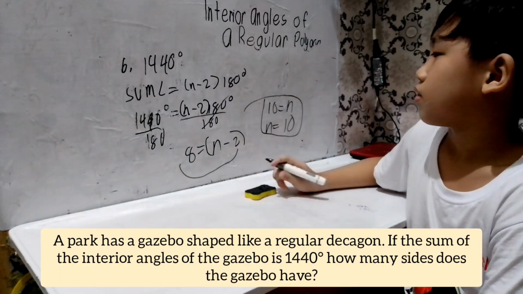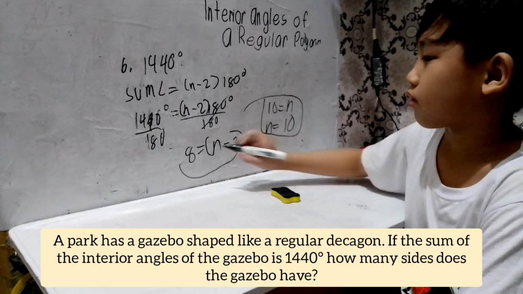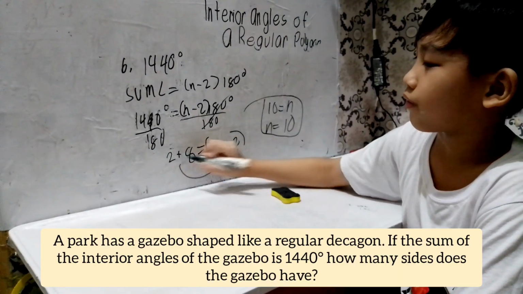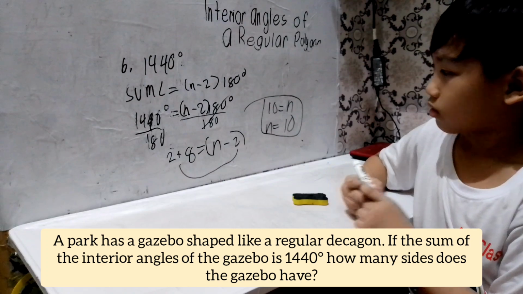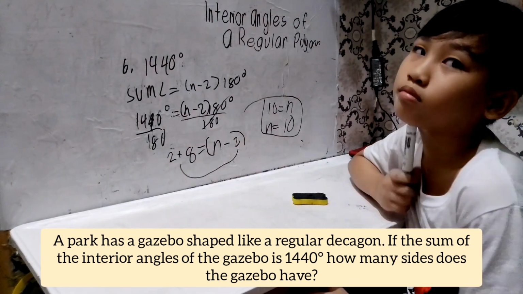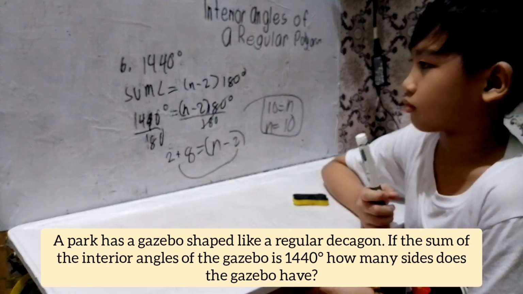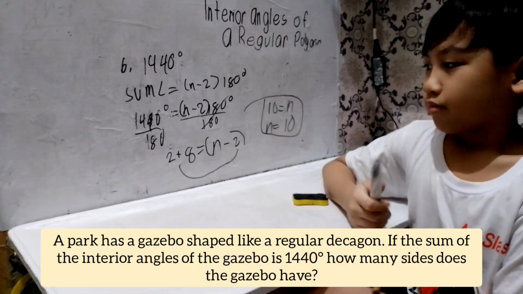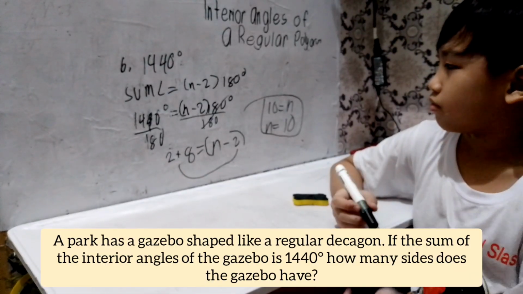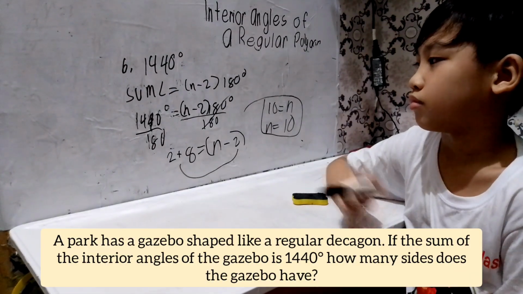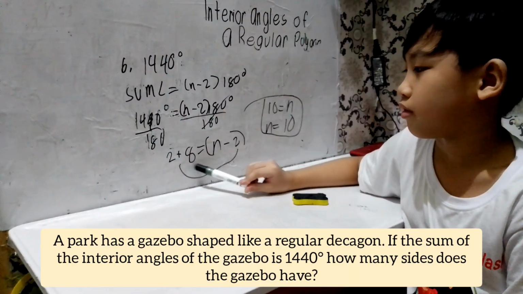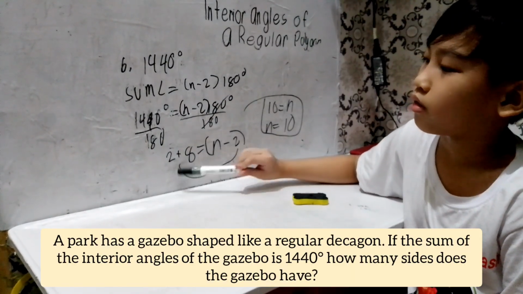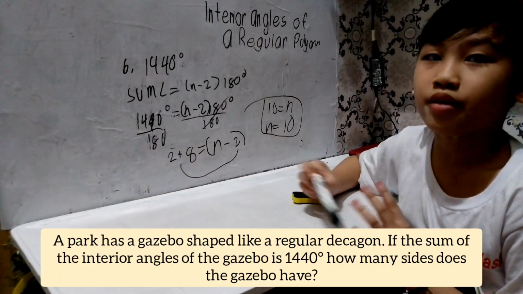So you are asked to find the number of sides. Of course, when you have the sides, you have the same number of angles. So given the sum of the polygon is 1,440, substitute to the formula n minus 2 times 180 degrees. Divide both sides by 180 degrees and you got 8. Then transpose negative 2 from the other side to the left side.